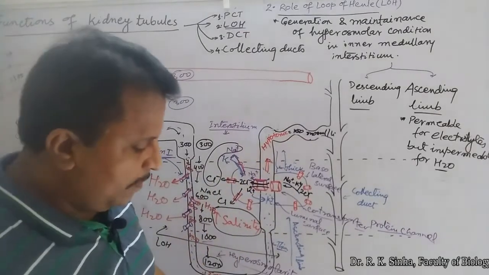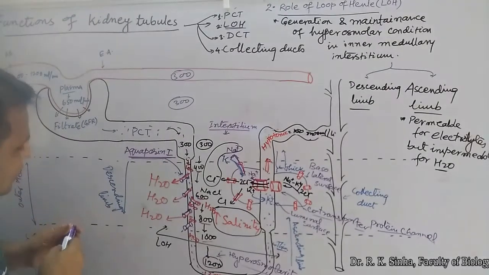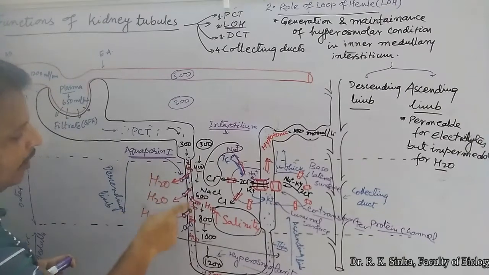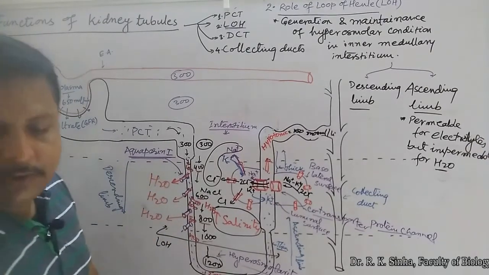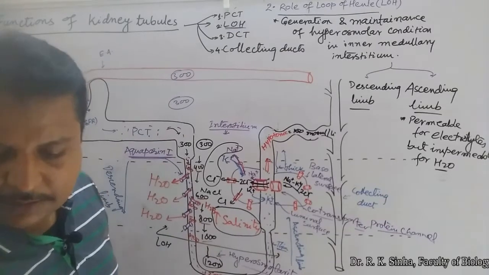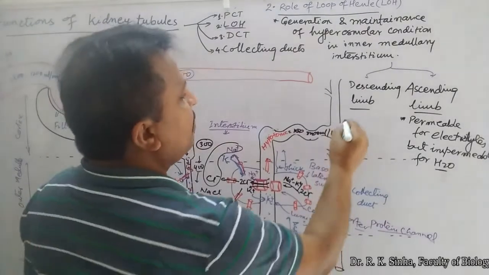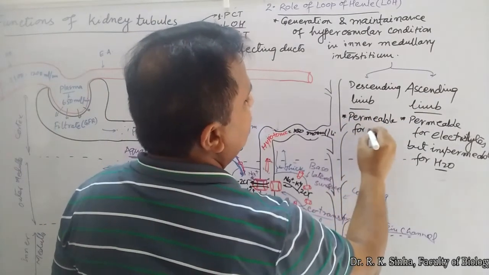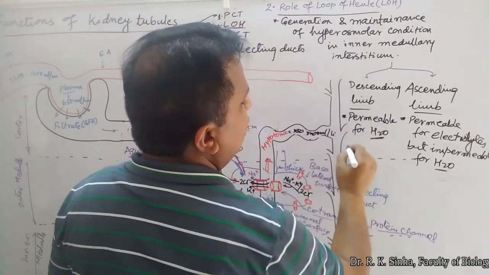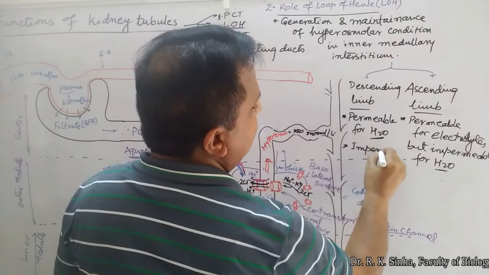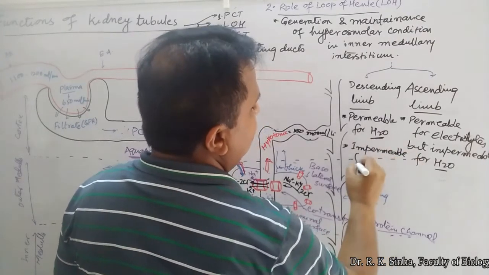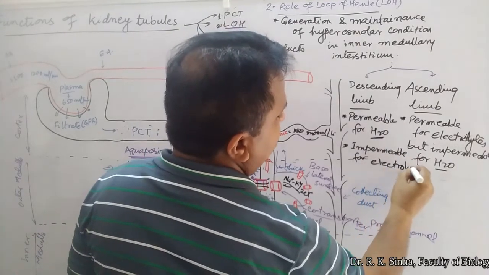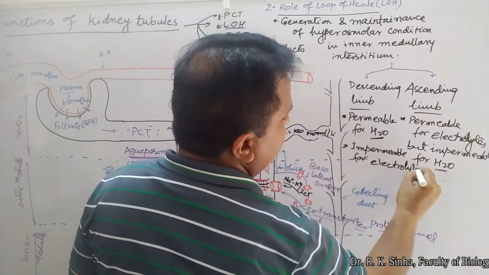Now the descending limb of the loop of Henle is only permeable for water, H2O, and impermeable for electrolyte, meaning no salt is coming out.